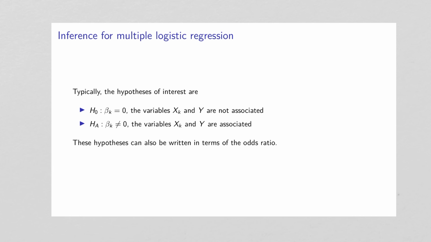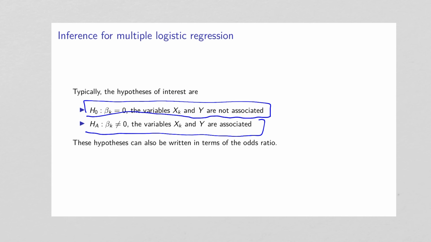Same thing, the inference is that the variables X and Y are not associated, and the alternative is that they are. And how do we do that? Well, when we look at our coefficients, we look for that ever nice p-value.